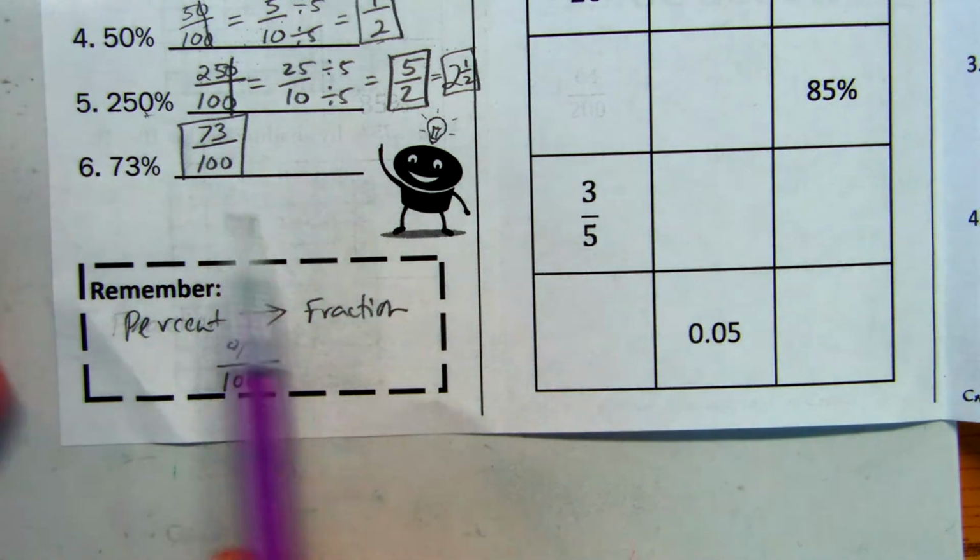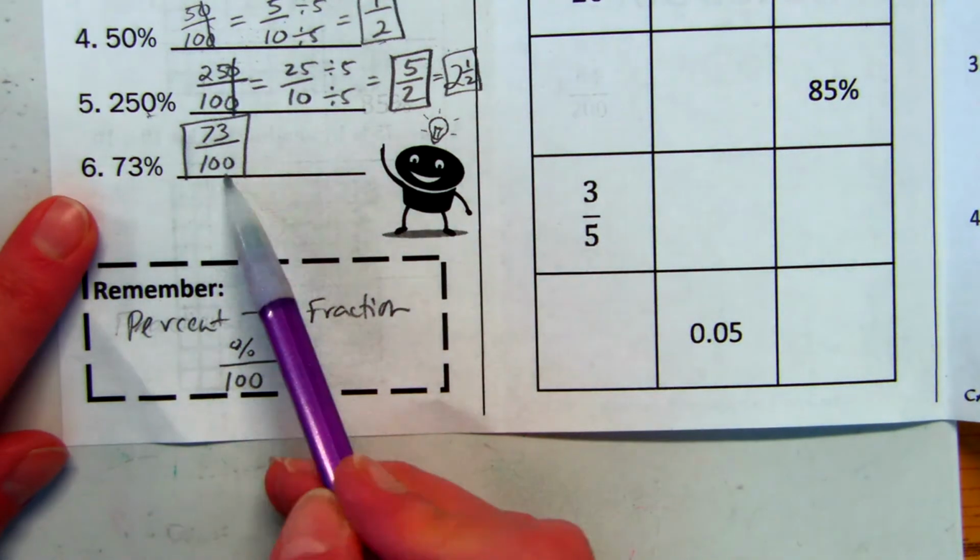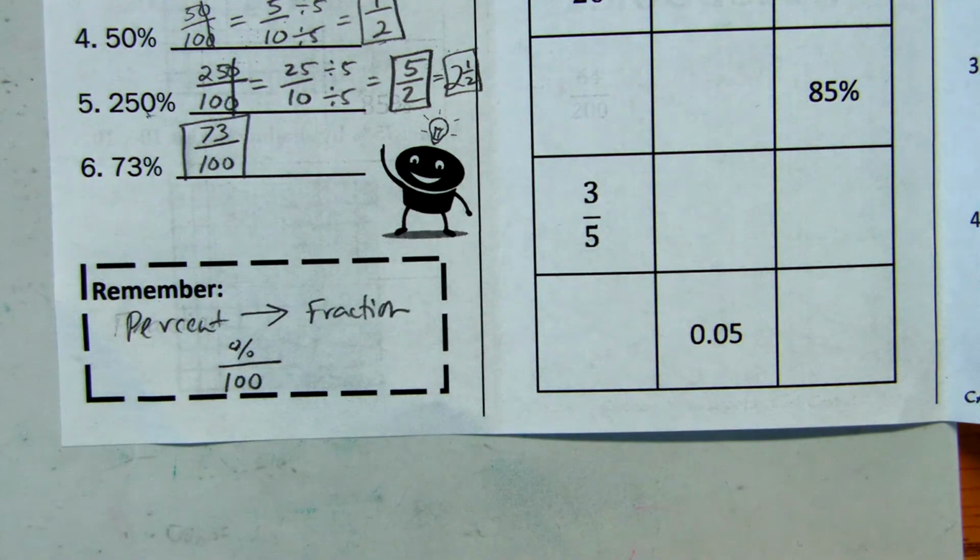So like when I had 73%, that number went over 100. And that's basically how you start that. All right, so we're going to do a little going back and forth on the next page. Give you guys a second to write that down if you want to have all of that.